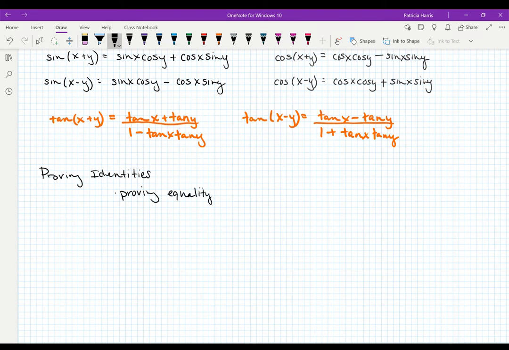So you don't know if the two things are equal. So if you don't know that the two sides are equal, you can't move stuff from the left to the right and the right to the left.